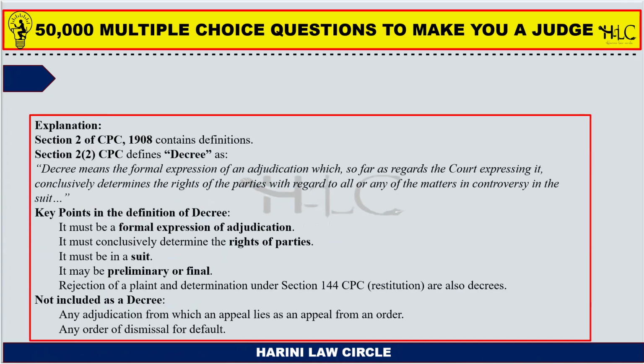Subsection 2 of CPC defines decree as a formal expression of an adjudication which, so far as regards the court expressing it, conclusively determines the rights of the parties with regard to all or any of the matters in controversy in the suit.